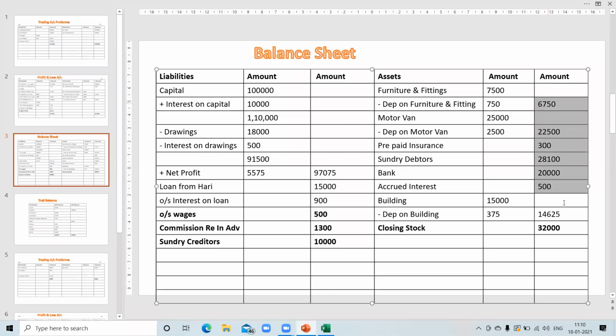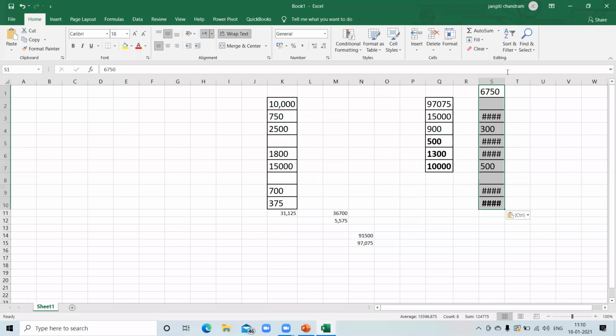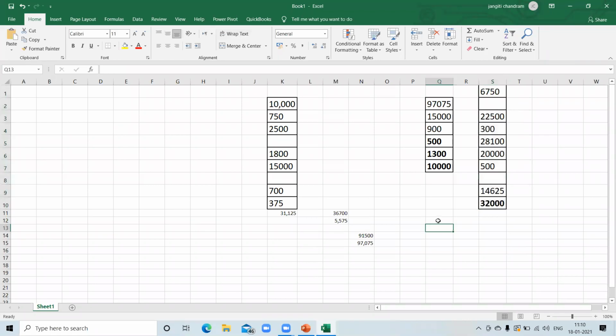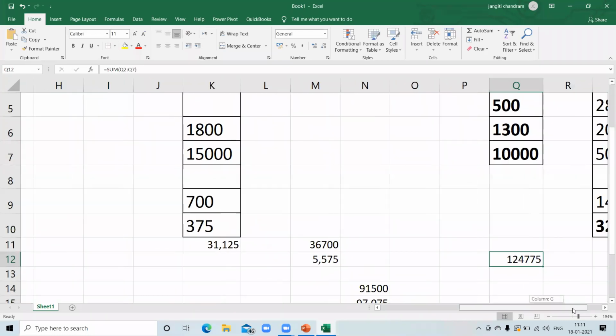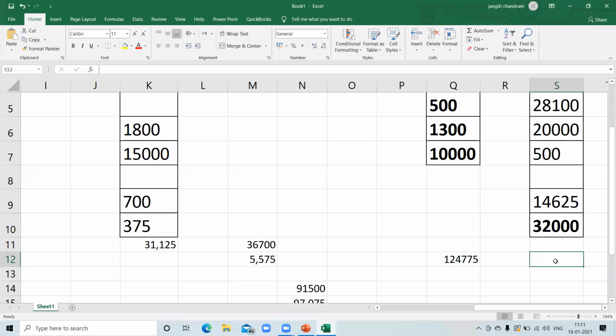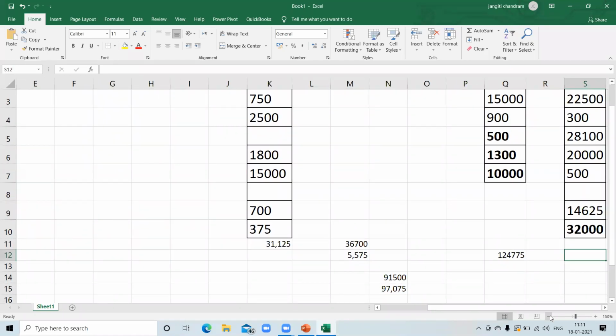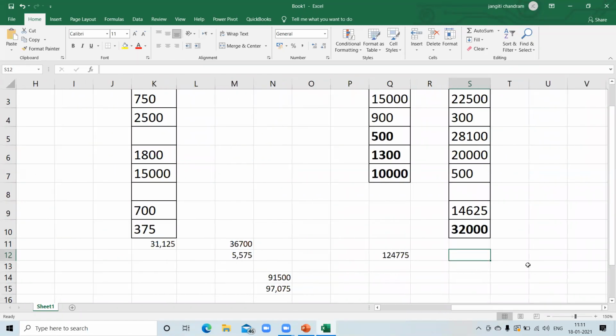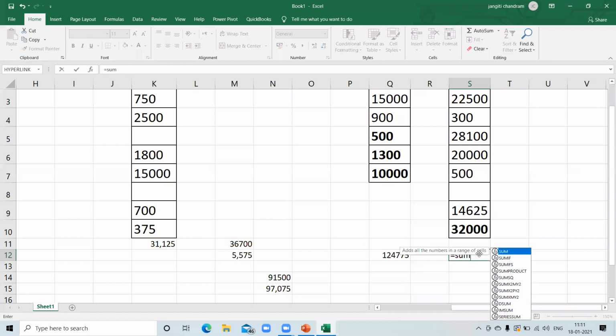Right, for example is total amount plus assets. So 1,24,775 is equal to sum.